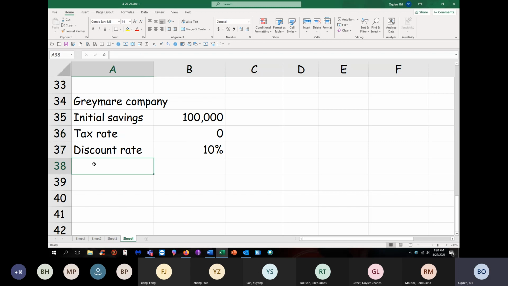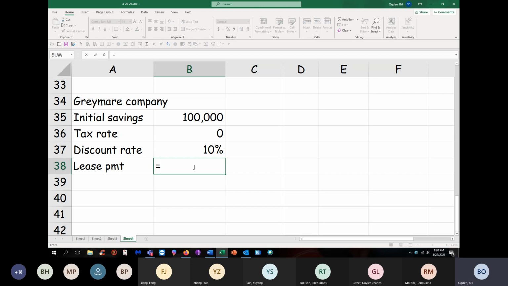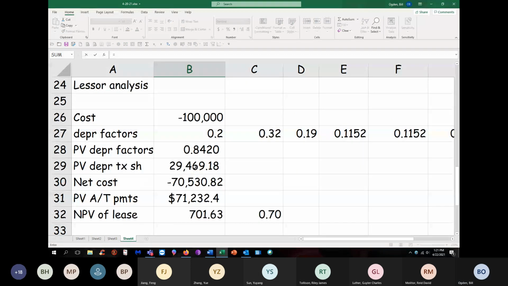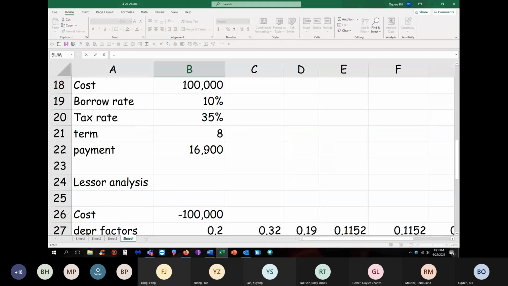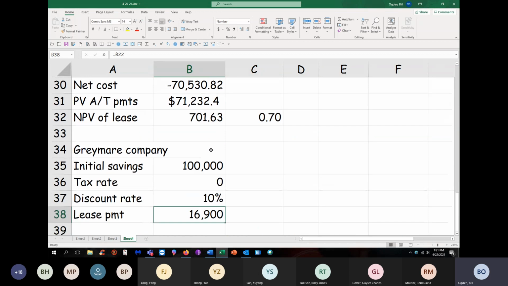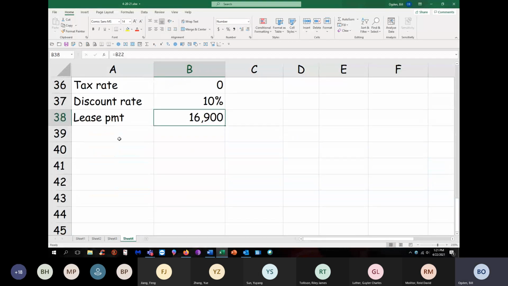So what is the lease payment? You know that it's $16,900. So let's find the present value of the lease payments.